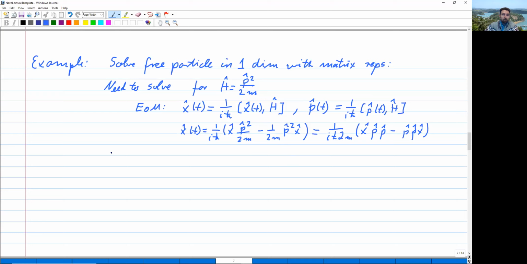Now, recall, we have x hat p hat minus p hat x hat is equal to iħ. So therefore, we can write this as being equal to 1 over iħ 2m. And then let us try to process this so that it becomes a little bit easier by using the canonical commutation relations.